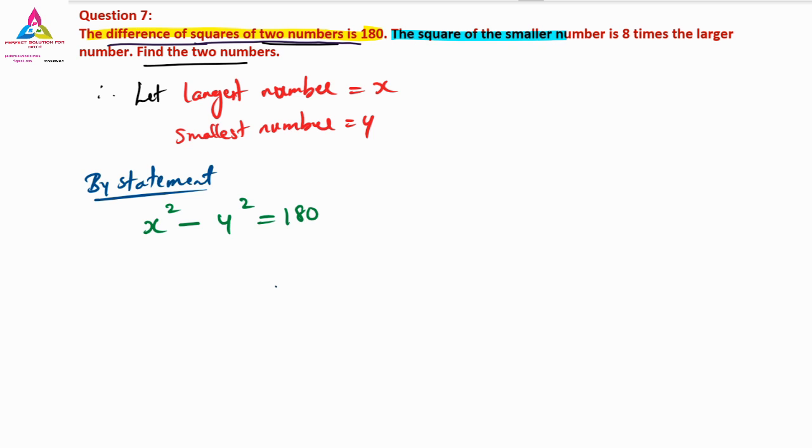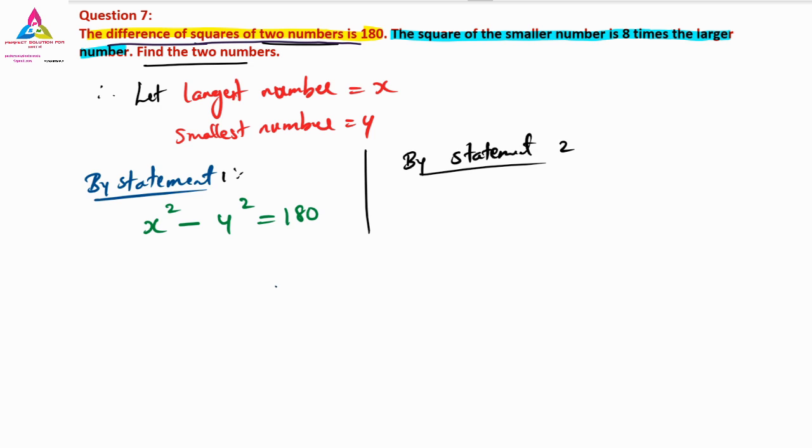The second statement: the square of the smaller number is 8 times the larger number. What is it saying? The square of the smaller number. Which is the smaller number here, x or y?